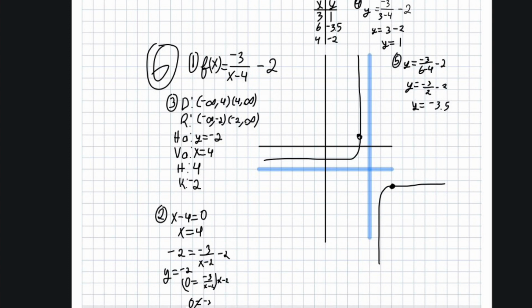I found that when I plugged in 3 for x, I would get 1 for y. And when I plugged in 6 for x, I would get negative 3.5 for y. And the 4 and negative 2 is the point in the middle, where the vertical and horizontal asymptotes intersect. So here's my problem.